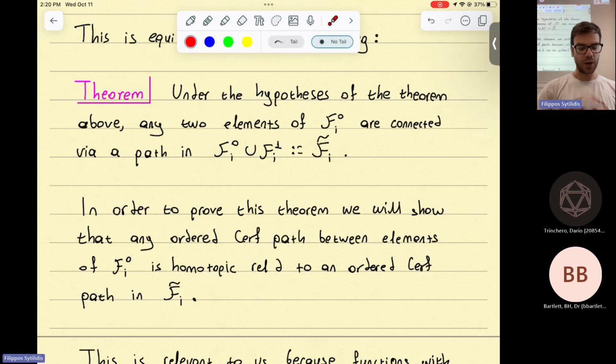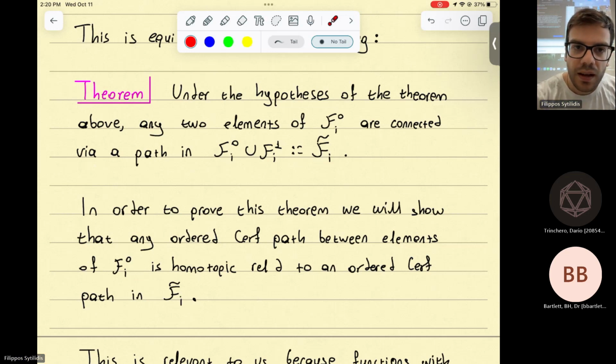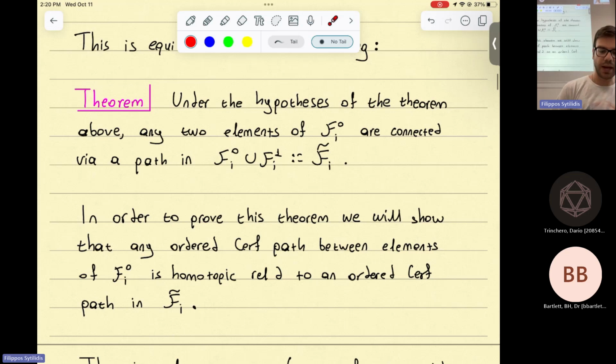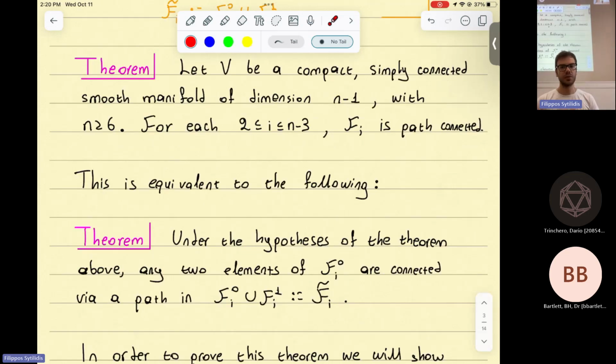And we'll show how to kill everything else. And we also have freedom of choosing our I here. We can choose whichever I between 2 and n-3, and that's going to be true.